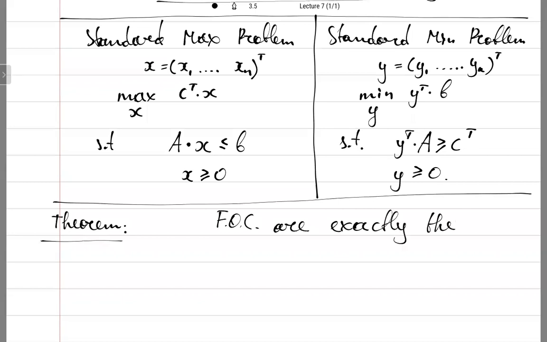We have proven that on the example, but if you just replace particular numbers with arbitrary numbers, then you will get a general proof. So basically the idea is the same. You just replace special numbers we have used by parameters, and you have done the honest proof. First order conditions are exactly the same for both problems.